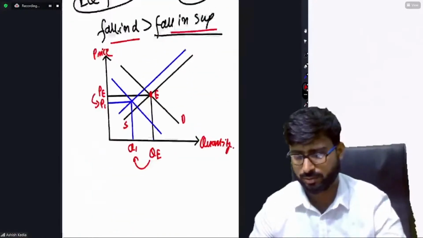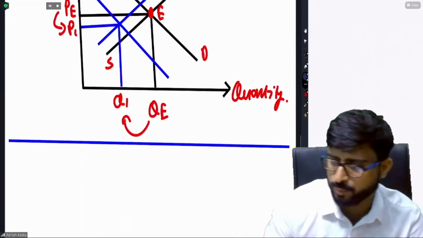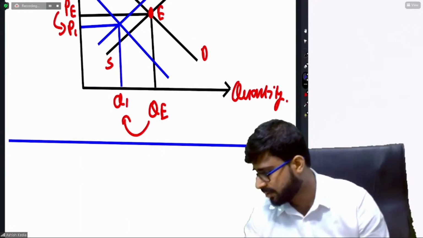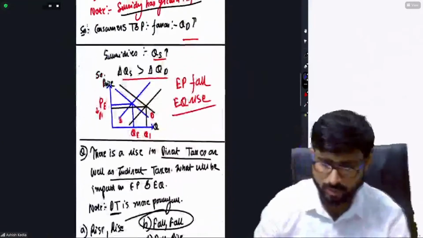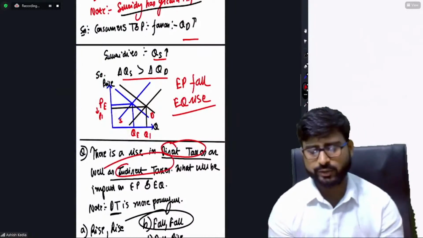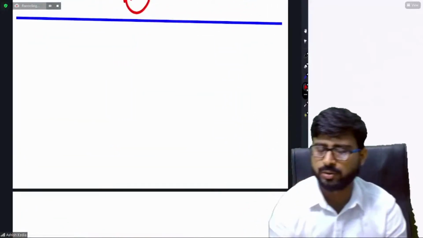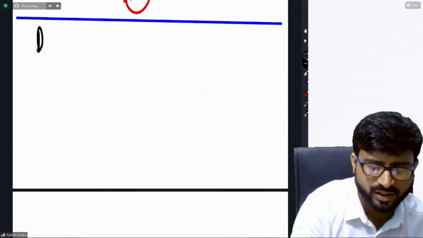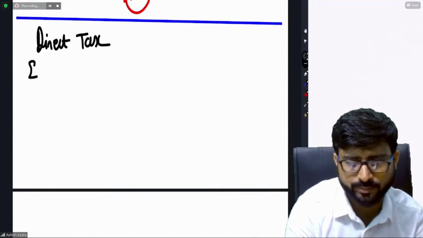Now, some of you may have a question about direct tax and indirect tax. So let me explain it to you. For those who don't know, most of you will know. See, direct tax example is income tax.